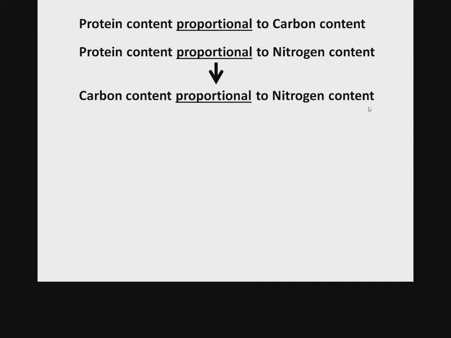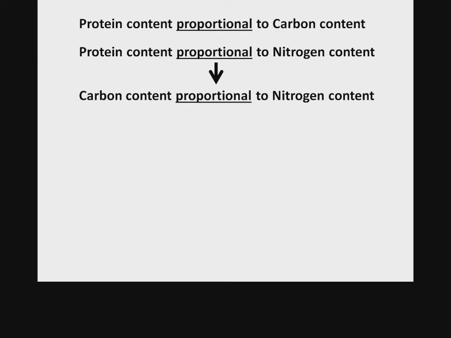Now, this is not strictly true. If you look at the nitrogen and carbon compositions of different proteins, they can vary, but they vary slightly. So this is approximately true. And this is why one can employ these concentration-independent models to obtain estimates on the protein contribution from different foods.